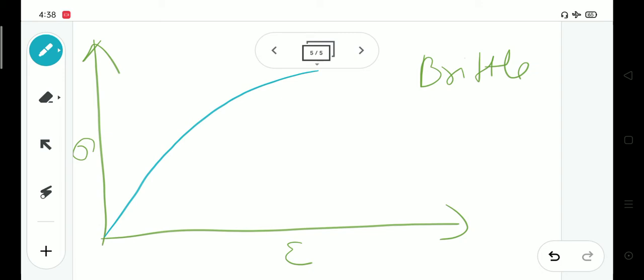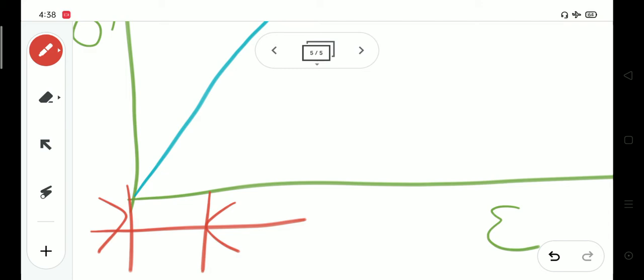So to find the yield point, we consider an offset value. To make it very easy, we consider 2 to 3% of strain from here. Let me write it over here: 2 to 3% of strain.